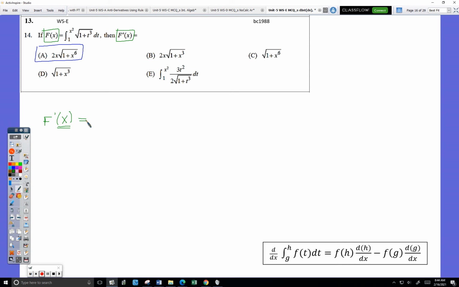So the rule says you identify the integrand, write it down, replace the variable of the integrand with the upper limit. Go like this if you need me to re-explain that. Then multiply by d over dx, because this is an x, of that upper limit.